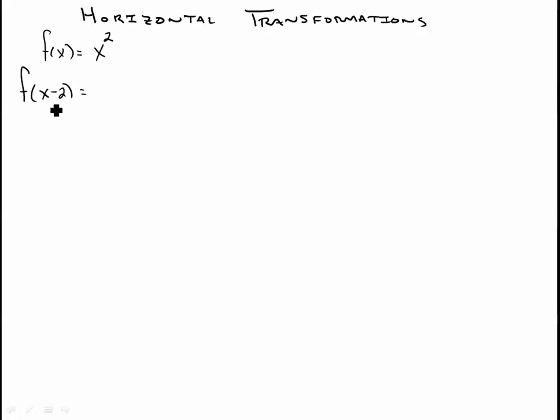What's changing is that we're changing the input. In this case, we're decreasing the input by 2. So if we were to look at this, the inputs are being decreased. How is the output changed?